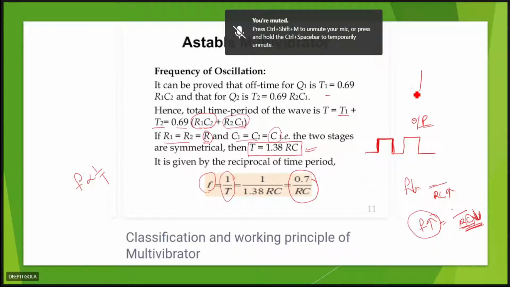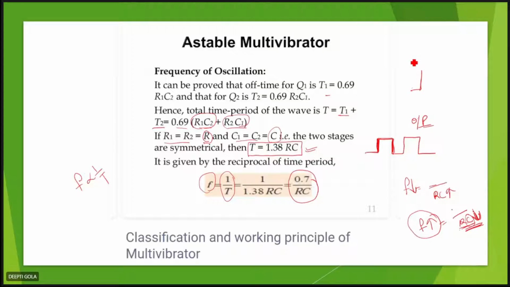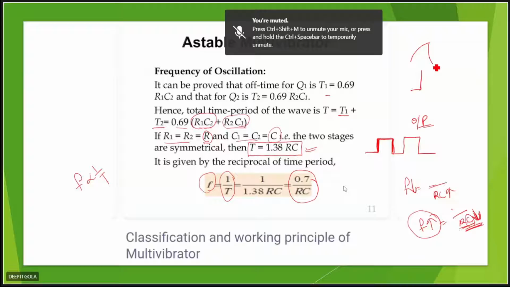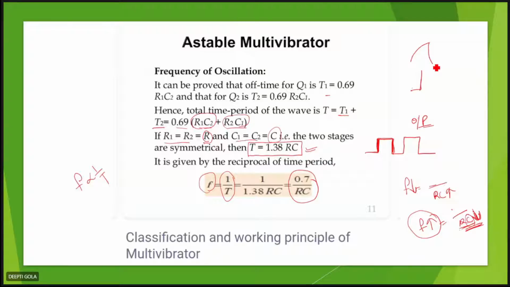That means it is getting charged very quickly. Otherwise, you will get this kind of waveform, which means it is taking a lot of time to get charged and discharged, and you do not want this kind of waveform.